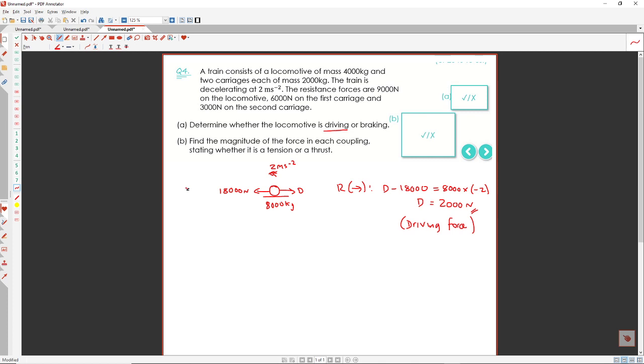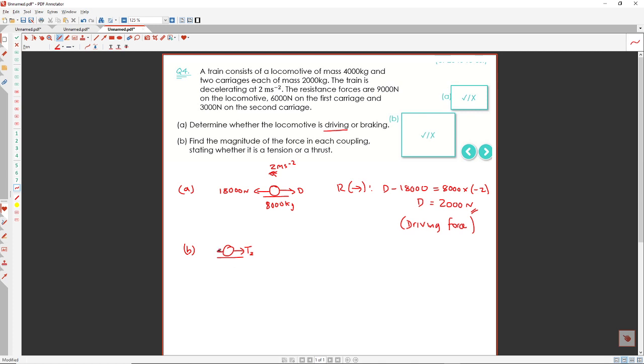Okay, next up in part B, we want to find the coupling force in each of the two carriages. Now the order I do these in will matter. First of all, if I start with the back carriage, carriage number 2, it's being pulled forward with a force we'll call T2.